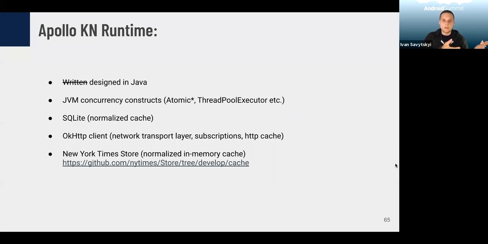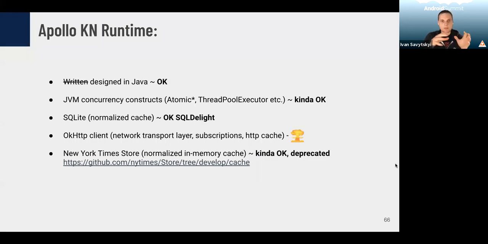Obviously, for the Android normalized cache, we are using SQLite. HTTP client is used for our network transport layer, also for subscriptions, and also for the HTTP request response cache. We have an external dependency, the New York Times store, that we are using for our normalized cache in memory.